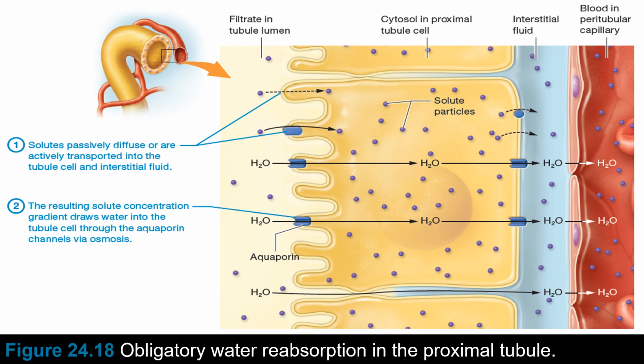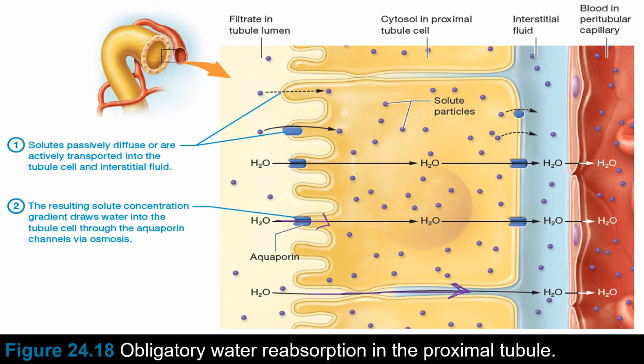And so as the solute concentration in the cell goes up, water is going to be pulled in through the aquaporins, and you can see those there, moving water in via osmosis, from low solute concentration to high solute concentration, otherwise known as moving from high water concentration to low water concentration. And again, you can see that this also occurs paracellularly.